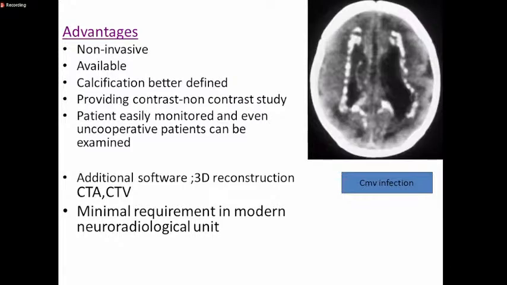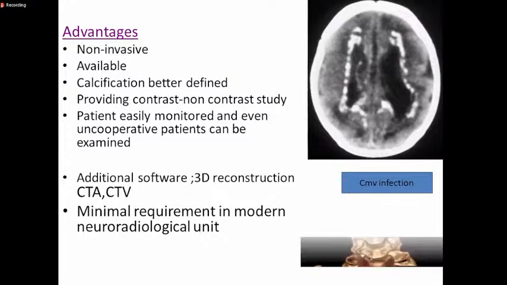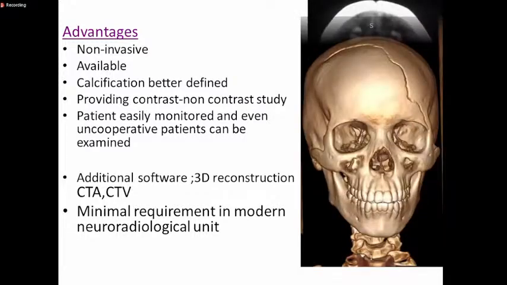If you're running a radiological unit, this is a very important tool that you must have. Once you have demonstrated your fractures, you can do 3D reconstruction and you can see how you're going to manage that patient.